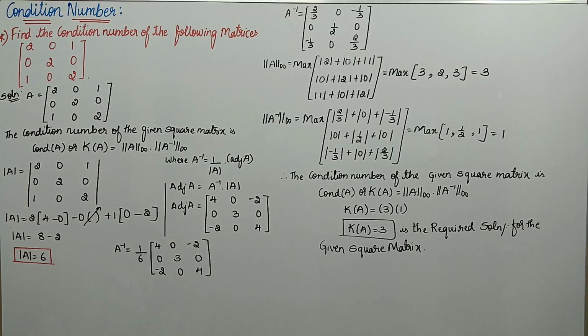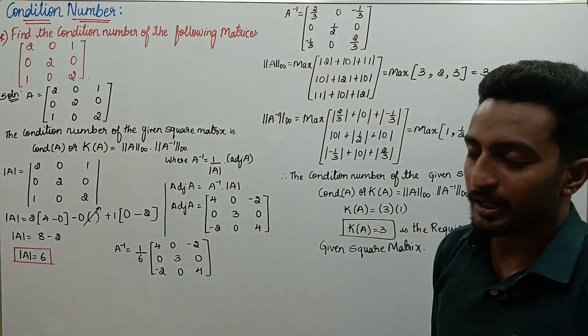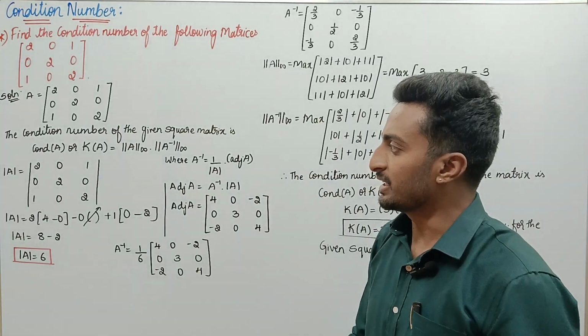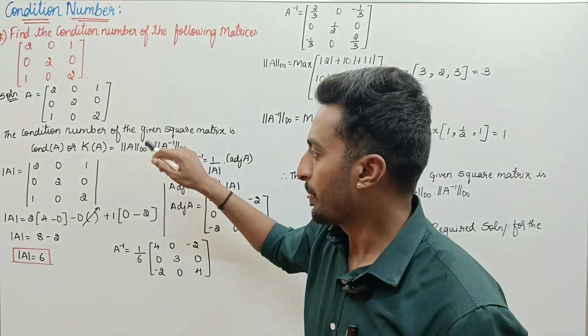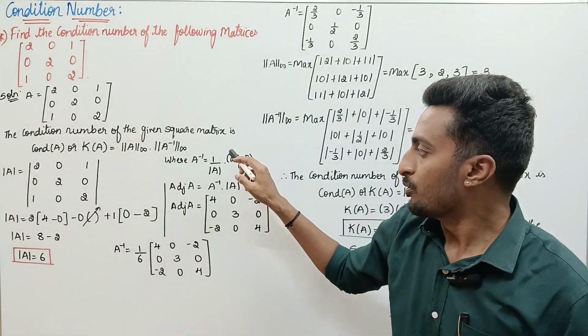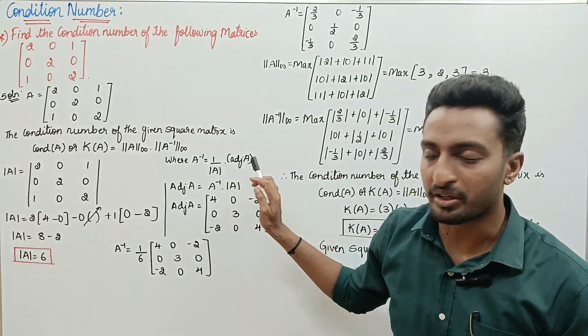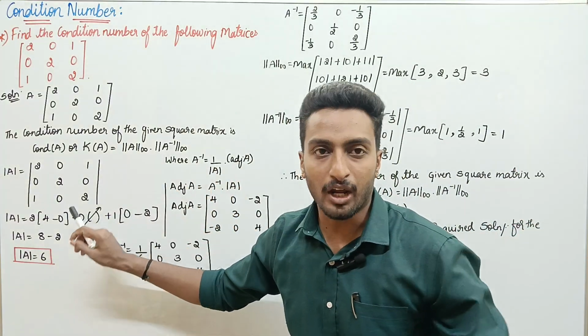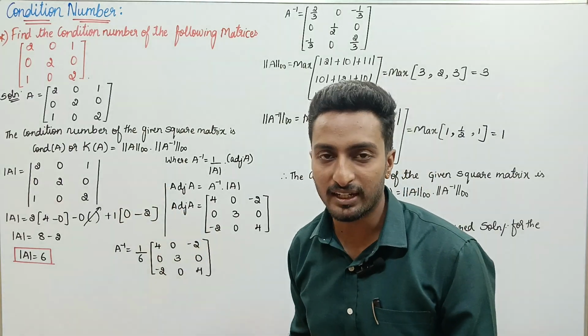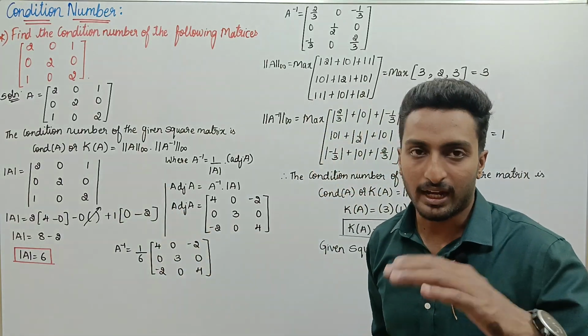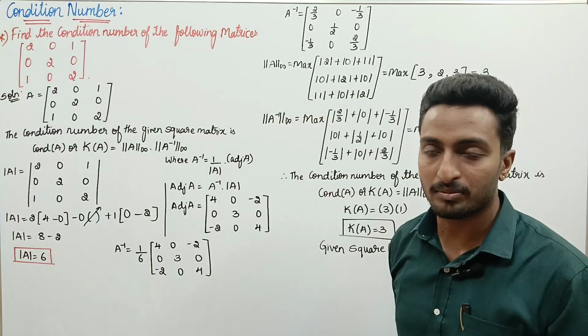Let us see what are the steps we have solved. First, represent the given matrix. Then define the condition number. Considering A inverse, 1 by determinant of A into adjoint of A. Determinant of A you have done from the PUC, you can simplify. Next, adjoint of A, I have taught you in the calculator how to simplify.